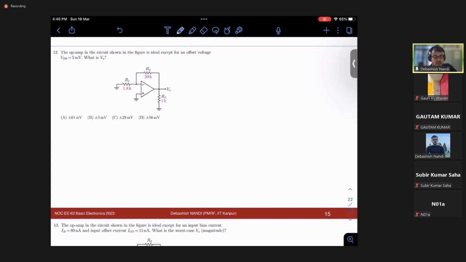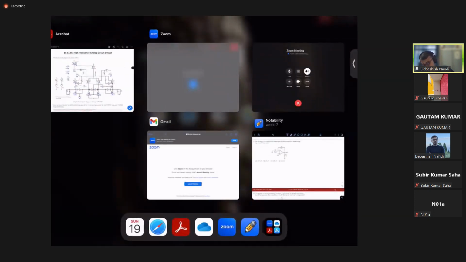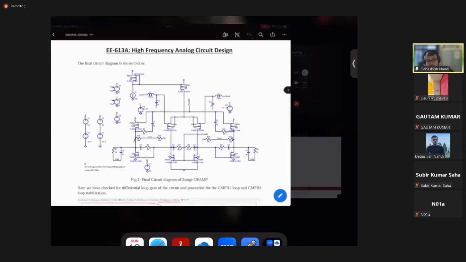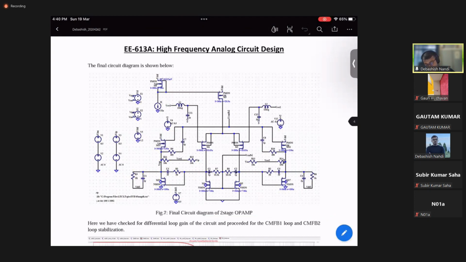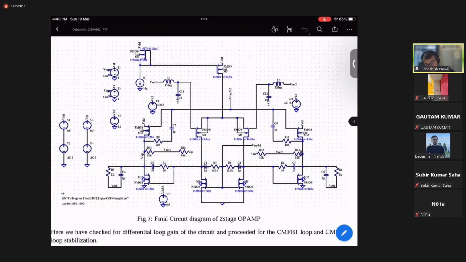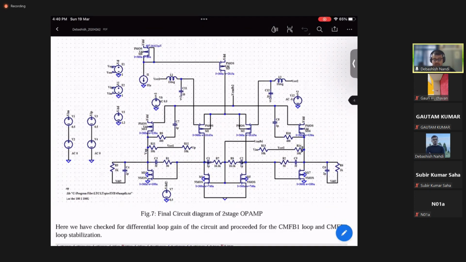So let me first show you one document. This is a two-stage differential amplifier which I designed, I think last year. Just let me tell you what it is.